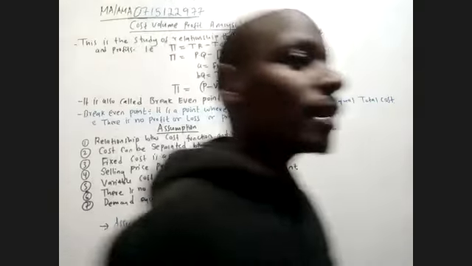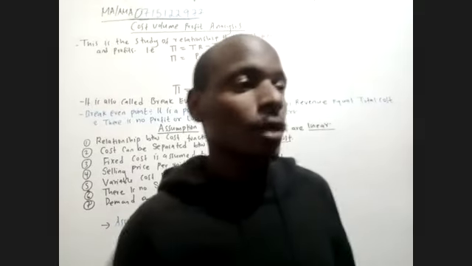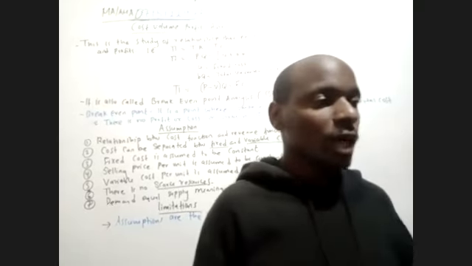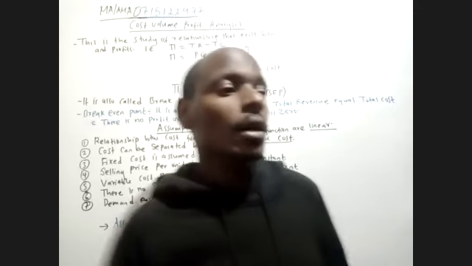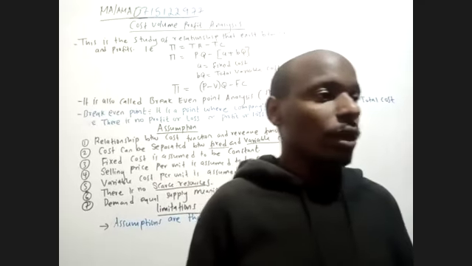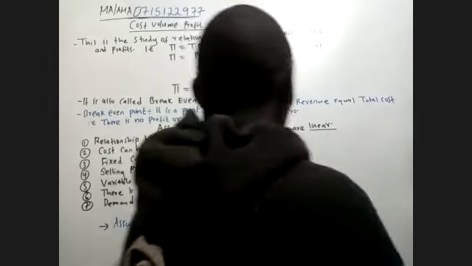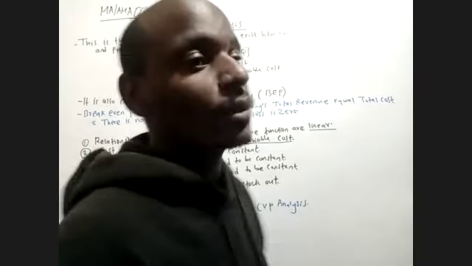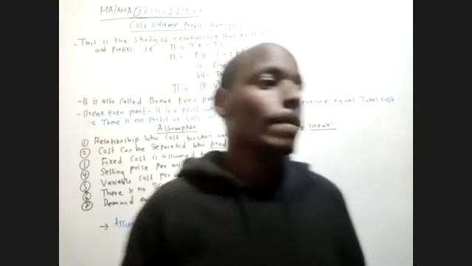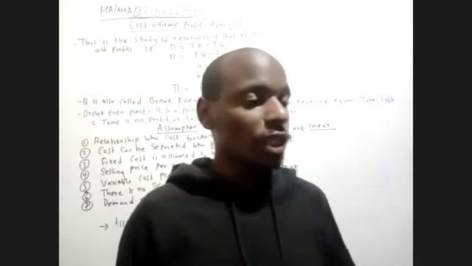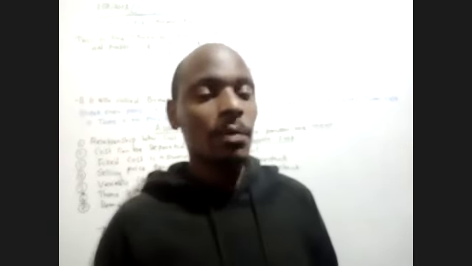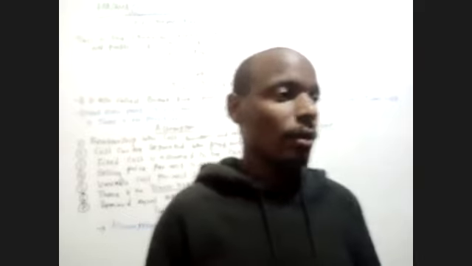But in some cases, it is very difficult to determine which items are fixed, which items are variable. In that case, it becomes a problem. So sometimes it's very hard to separate.